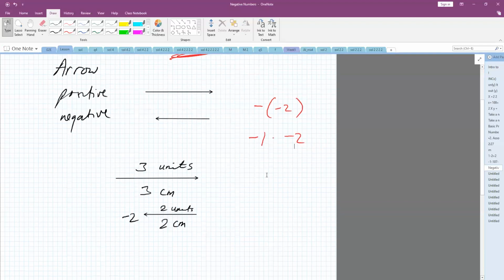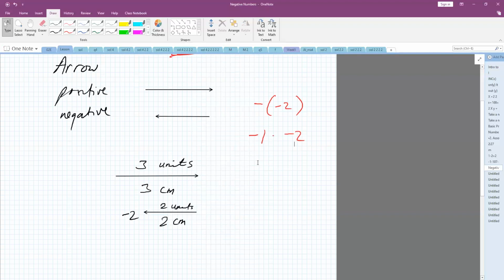So when you multiply something with negative 1, and then if you look at the arrow related to that, what happens is you simply reverse the direction of the arrow. So, for example, this one is minus 2, is to the left, right? And then if you have negative 2, now you just simply reverse the direction. So that gives you an arrow pointing to the right. Okay.